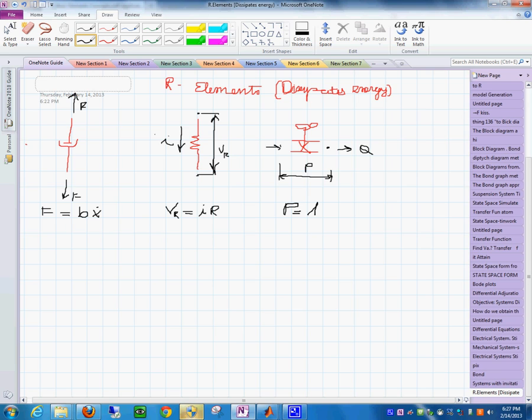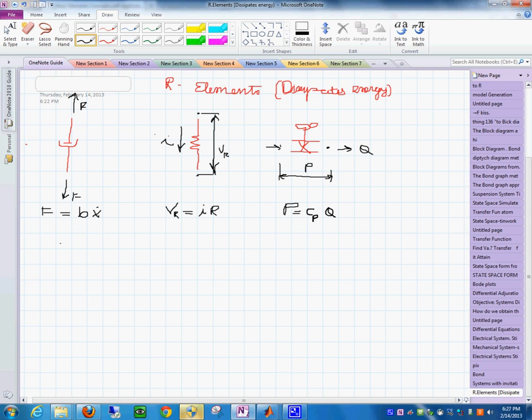I think in fluids you use the letter C, Cp, I remember. I would rather not use the letter C, but since in most books it's Cp, the pressure is Cp times Q. This is how the resistive element on a hydraulic system works.